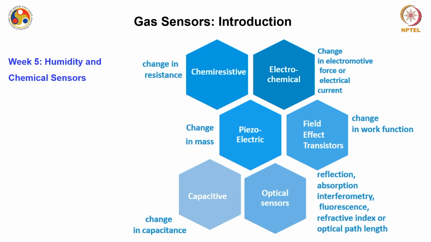Okay. Then we have seen optical sensors, which are based on a number of optical phenomena, including reflection, absorption, interferometry, fluorescence, change in refractive index, or even the change in the optical path length. Then we have also seen field effect transistor based chemical sensors in detail, where the change in the channel current and the change in the work function are measured.